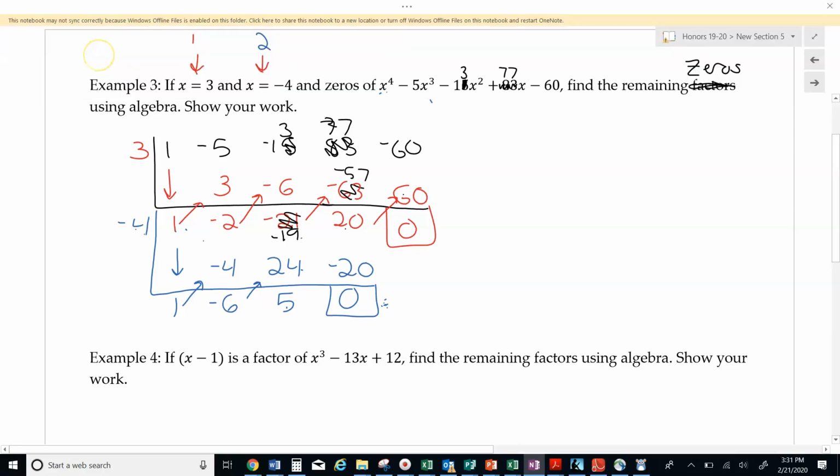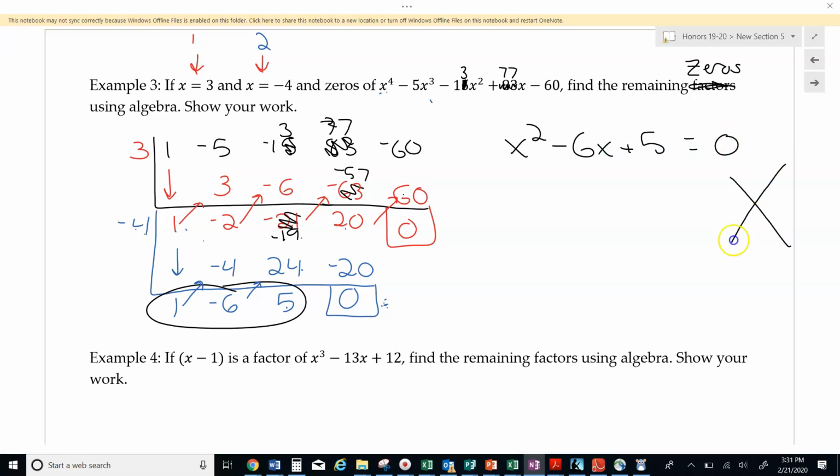All right, so now I have this. Now this is going to be my quadratic. So that's 1x squared minus 6x plus 5. And we're finding zeros, so we got to set it equal to 0. Factoring, I'm adding to -6. I am multiplying to 5. And that should be -2 and -3.